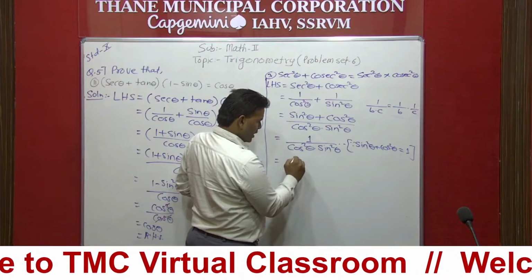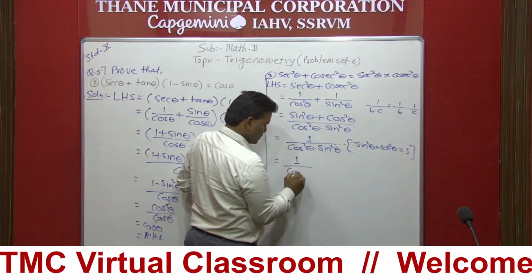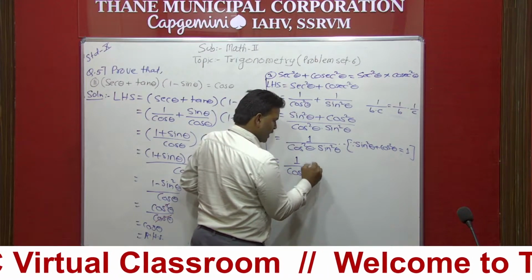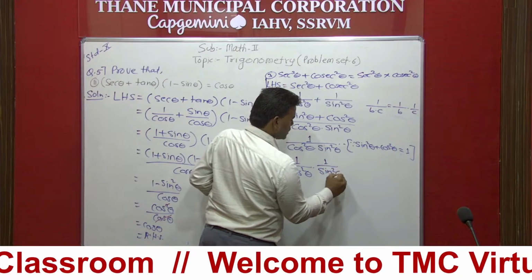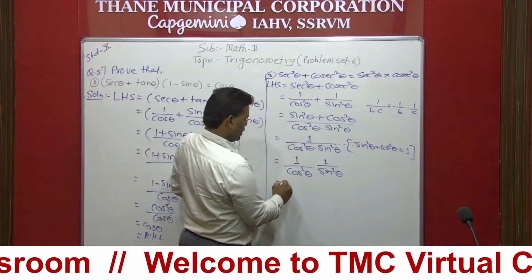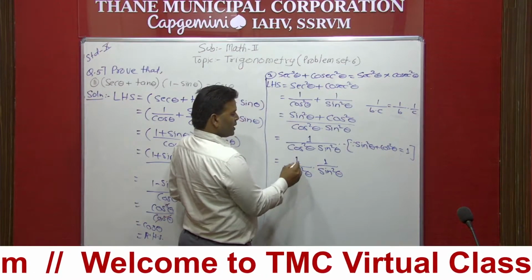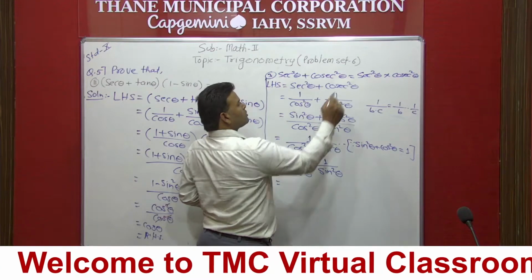So here I am going to write down 1 upon cos square theta into 1 upon sin square theta. 1 upon cos square theta, now I will convert this one in terms of sec.